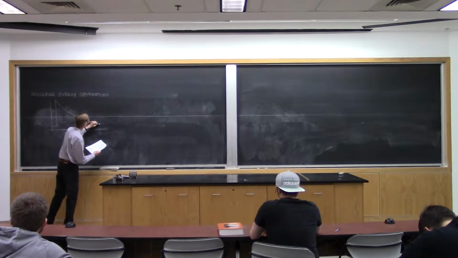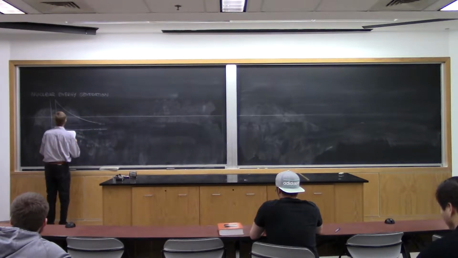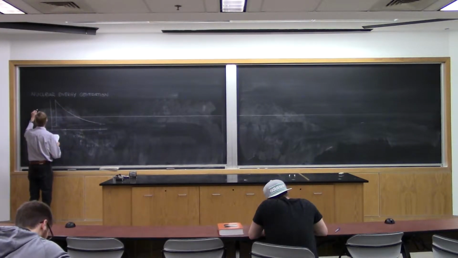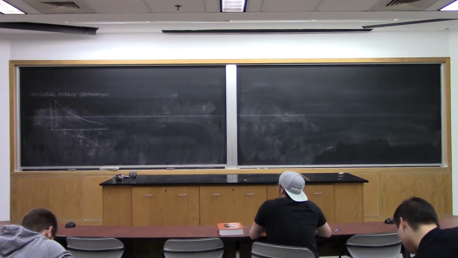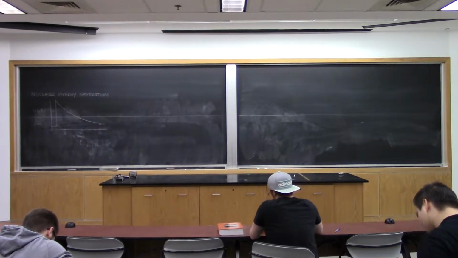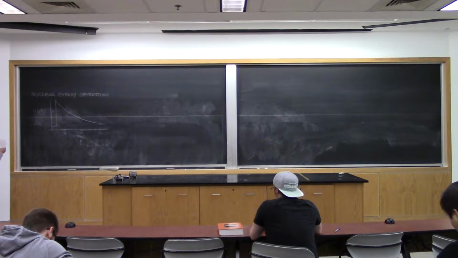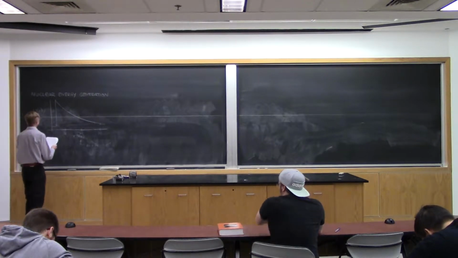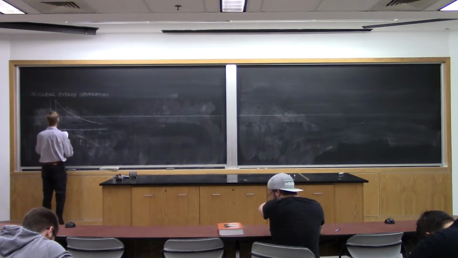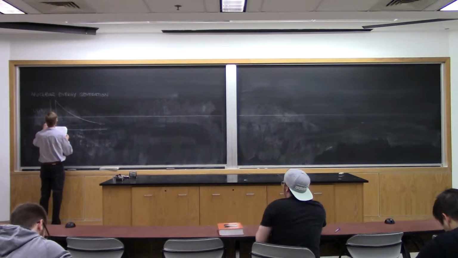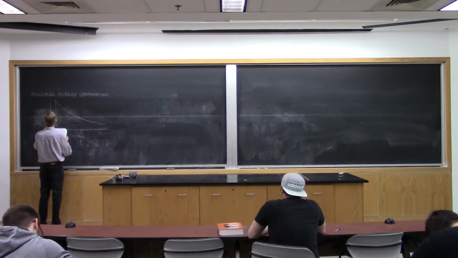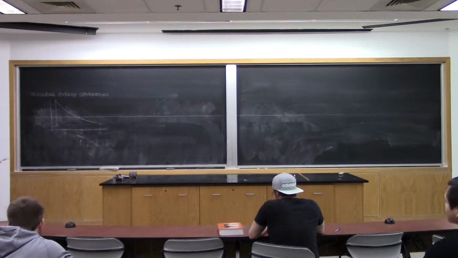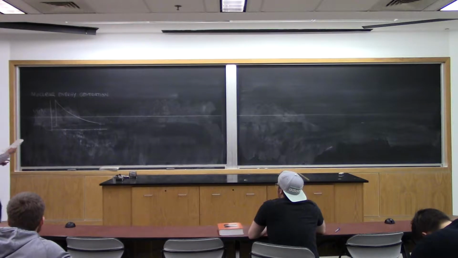So what this is supposed to be a plot of is the potential energy of interaction as a function of r, distance between two protons. And that horizontal line is zero potential energy.